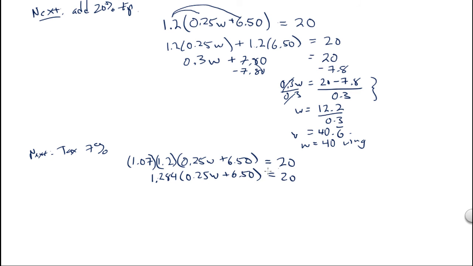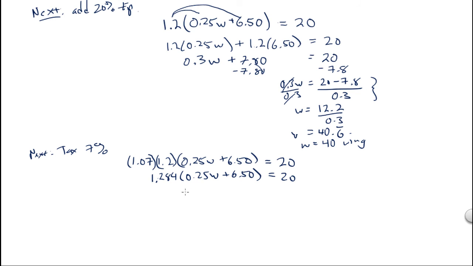And now that I see that number, 1.284, that basically amounts to a 28.4% increase from this original cost here. So if you imagine tax and tip calculated in this way, then that multiplication amounts to a total of 28.4% increase.